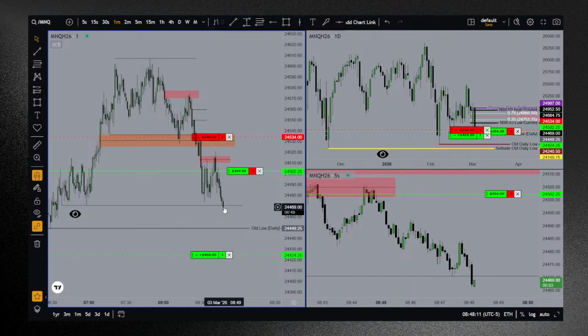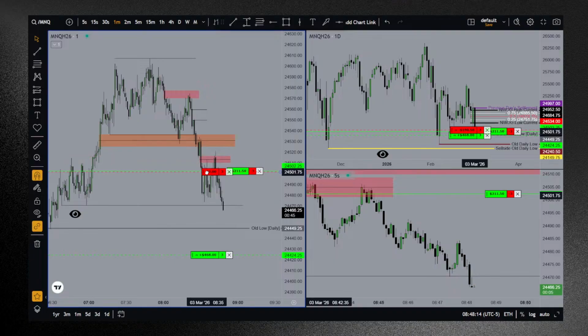So that's where I'm taking 2 off, and I'm moving my stop loss to better than even.